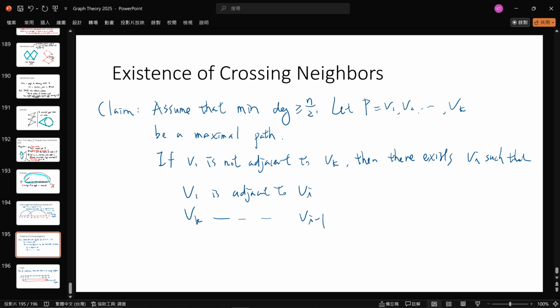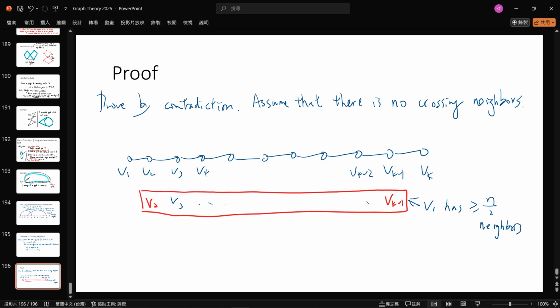Because of this assumption: we assume that V1 is not adjacent to Vk, so Vk cannot be a neighbor of V1. So all the neighbors of V1 must be in this red box, and this is also due to the fact that this path P is maximal.